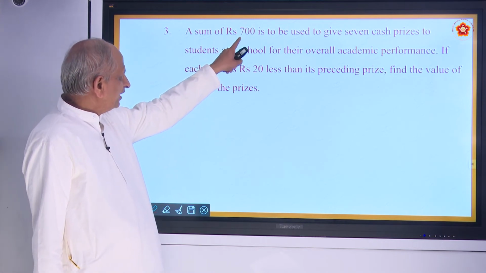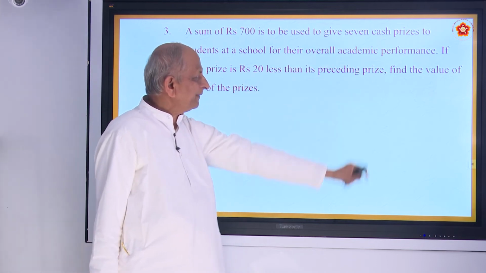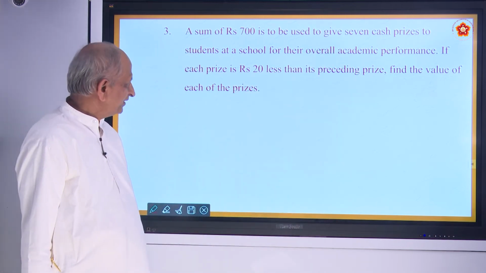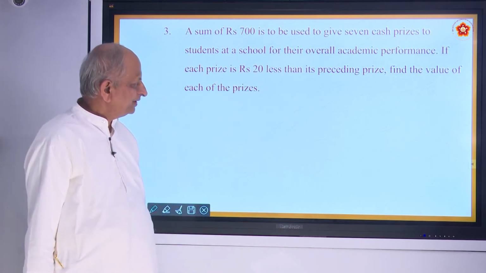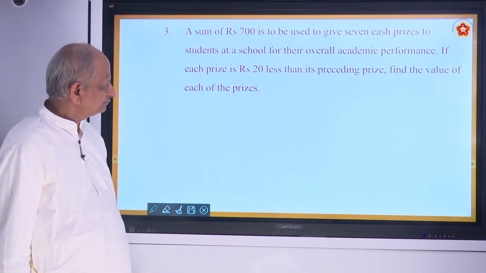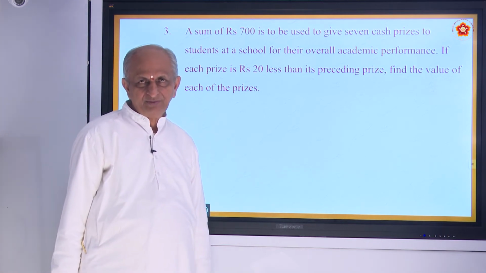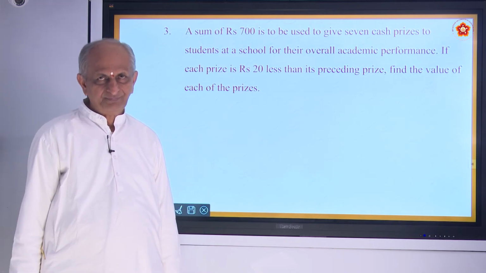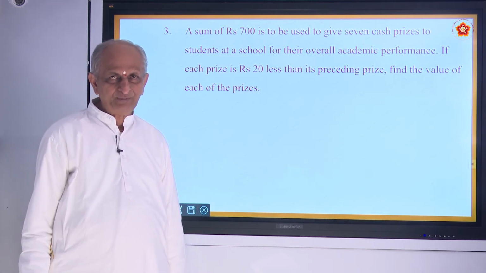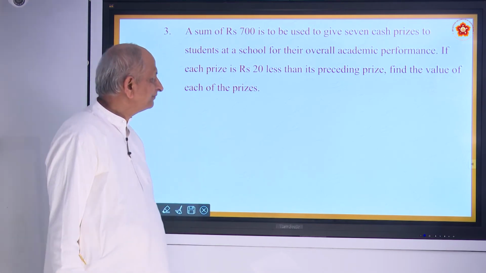Here there is a cash of 700 rupees. It should be given to 7 members, such that each gets 20 rupees more than the previous one, because the sixth one should get 20 rupees more than the 7th one, the 5th one should get 40 rupees more than the 7th one, 20 rupees more than the 6th one, like that.